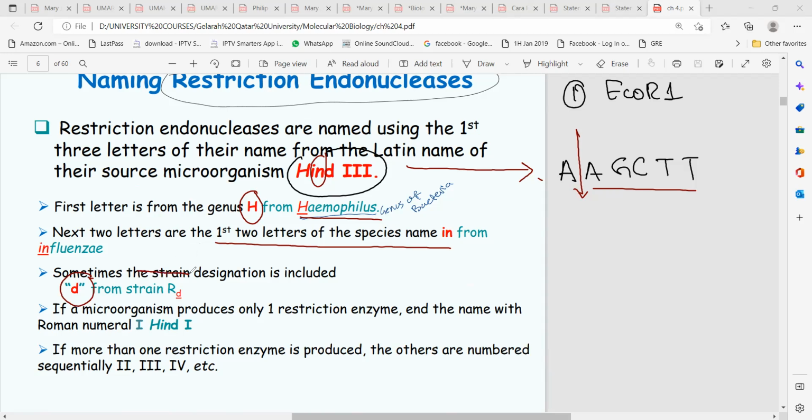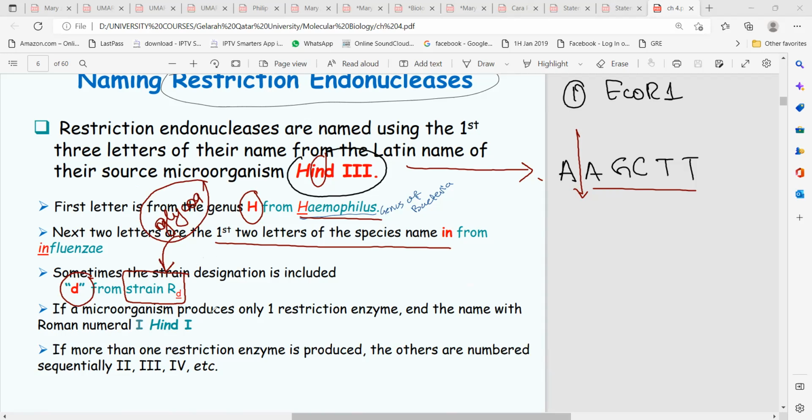Strains are normally distinguished on the basis of glycogens or different polysaccharides present on the surface of the organism, in the cell wall. I am not going into that detail.